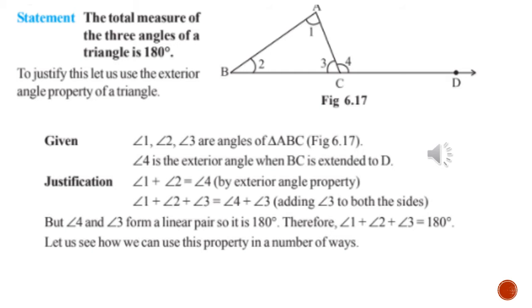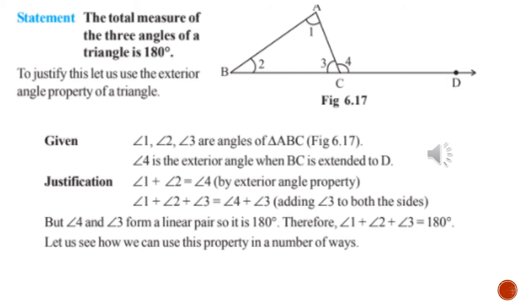We can geometrically also prove the angle sum property of a triangle. For this, we can use the previously learned exterior angle property of the triangle. Now it is given that 1, 2 and 3 are the three interior angles of the triangle ABC.